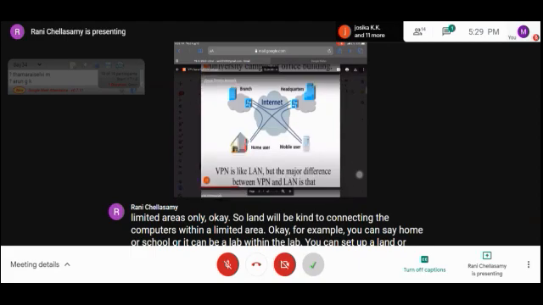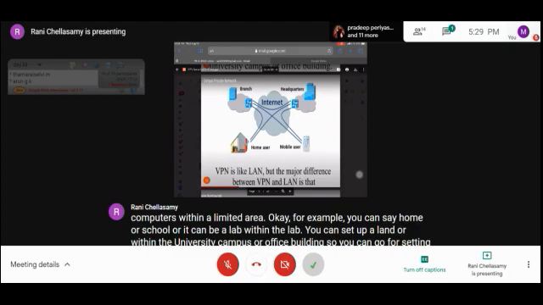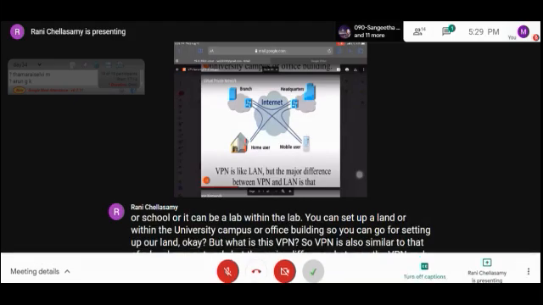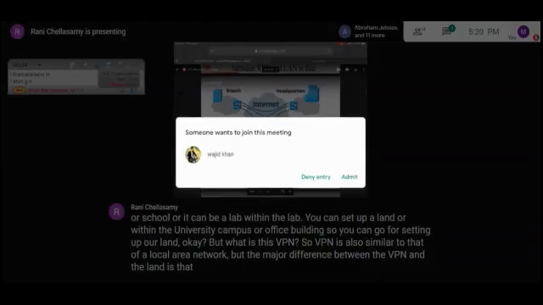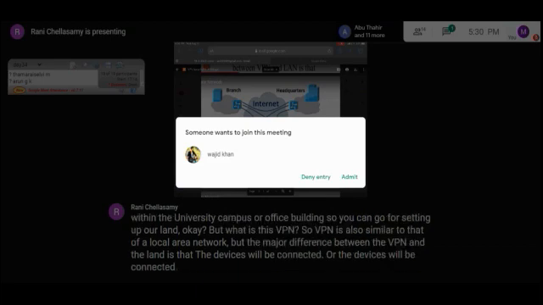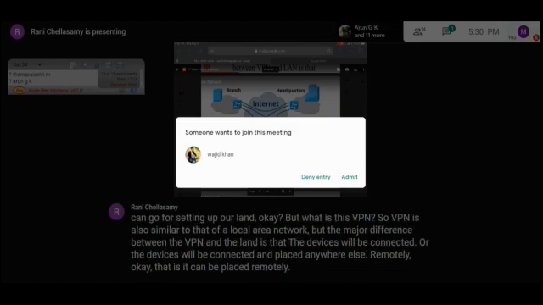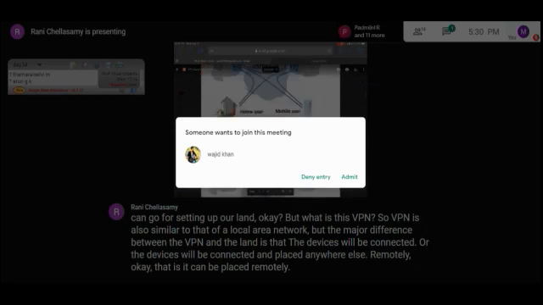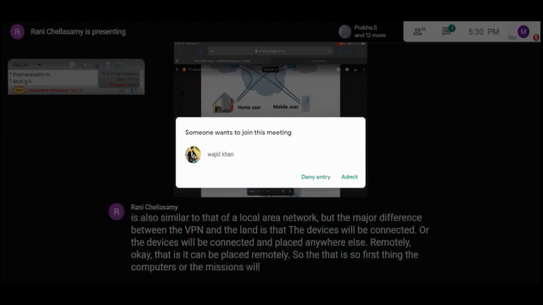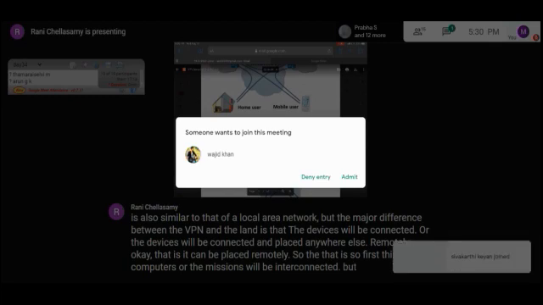But what is this VPN? VPN is similar to a local area network, but the major difference is that the devices will be connected and placed remotely, located at a remote place.